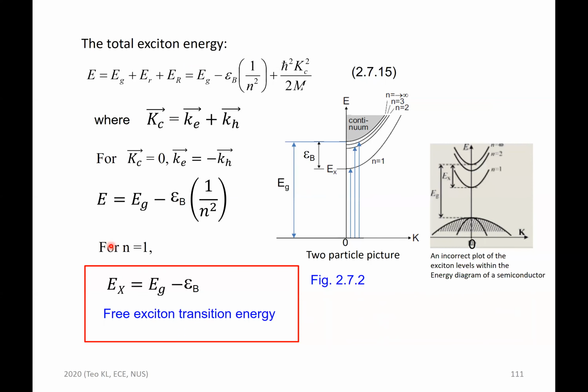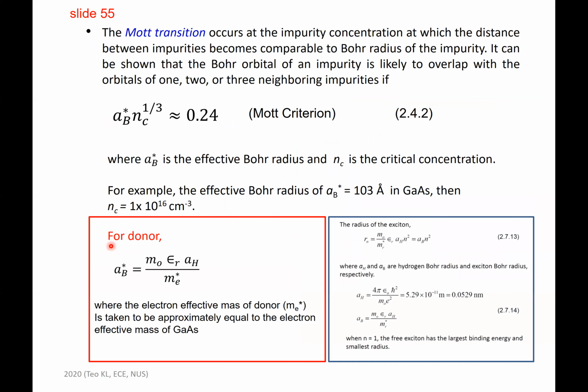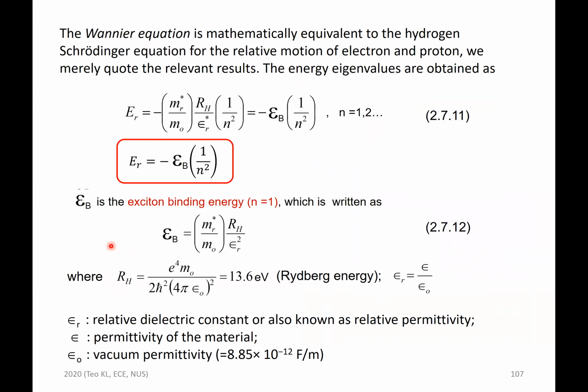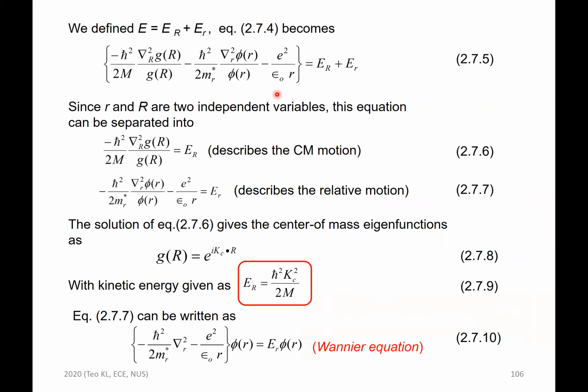Now, again, we have to look at the total energy of the electron. Go back to the Schrödinger equation. The energy is ER, the center of mass motion, plus Er, the relative motion.